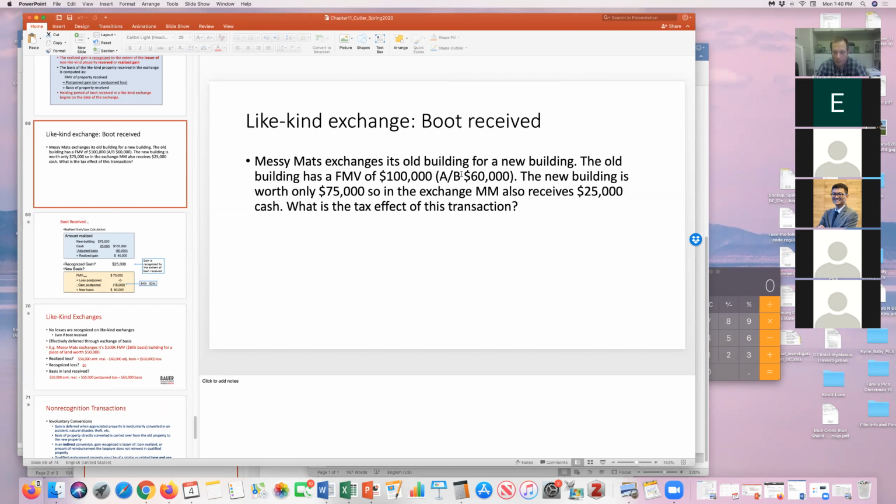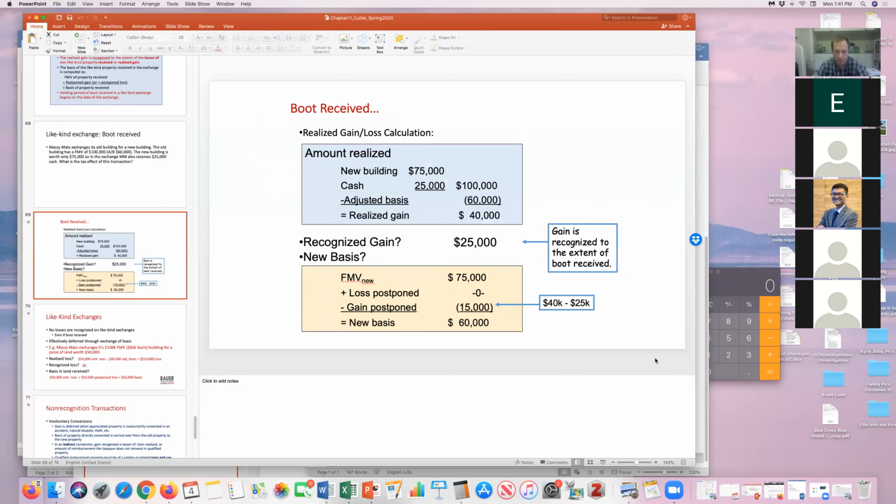So my basis in the building was still 60,000. I got something worth 75 plus 25 of cash. So my total amount realized is 100,000. Everything I've got is worth 100,000. My basis was 60,000, so I still have a realized gain of 40,000.